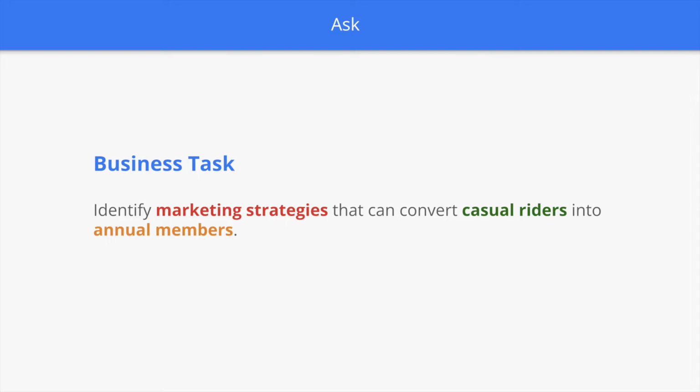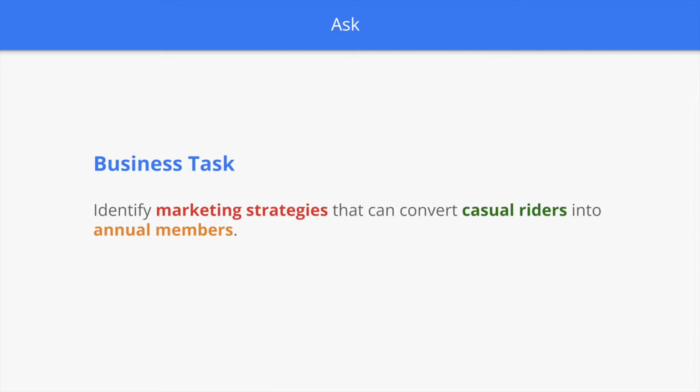Overall, on the data side, I think that this task really demands two things. The first being understanding the user habits of annual subscribers versus casual users, and secondly, understanding the factors that cause casual riders to buy annual subscriptions.